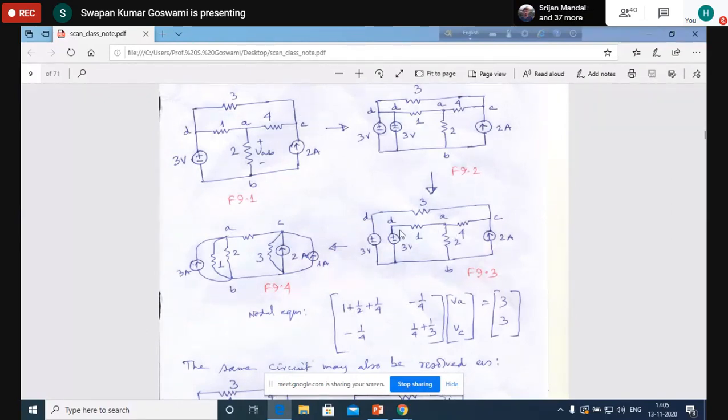Now at 9.3 you see that between C and D, within these two nodes, we have this 3 ohm resistance with series impedance 3 volts.